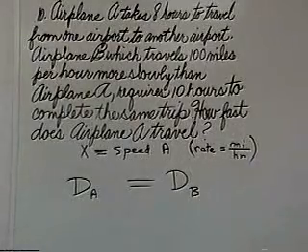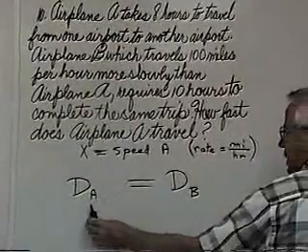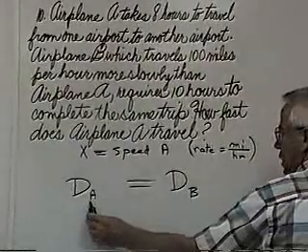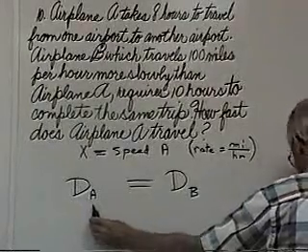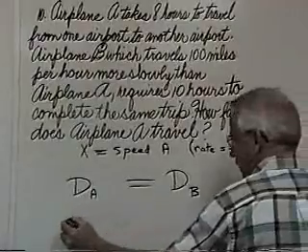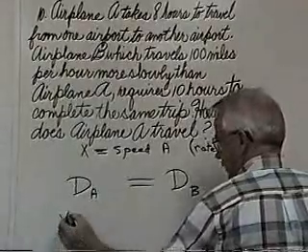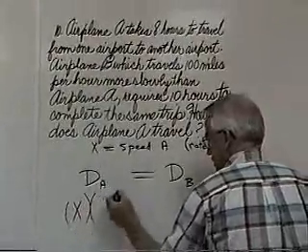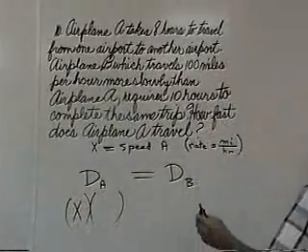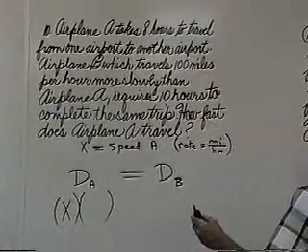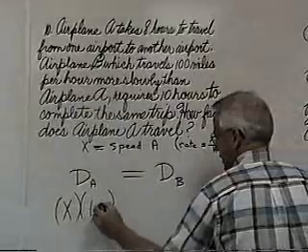Now what is distance equal to? It's equal to the rate times the time. What is the rate of airplane A? The rate of airplane A is what? We don't know. That's the X. Now what is the time of airplane A? Going back and reading the problem, it says airplane A requires 10 hours.